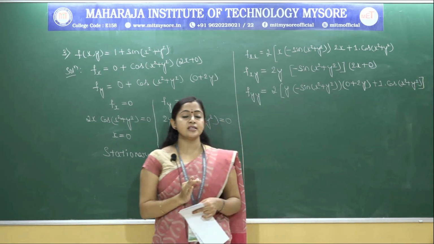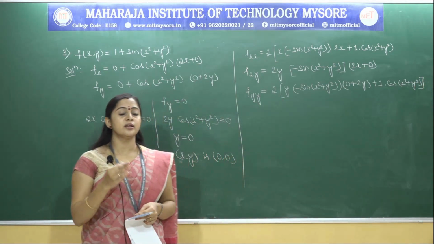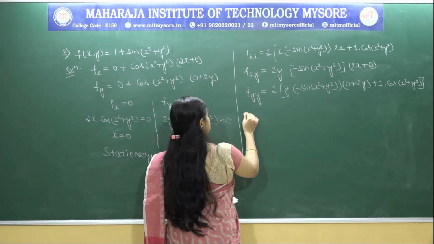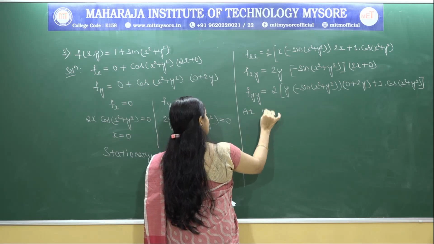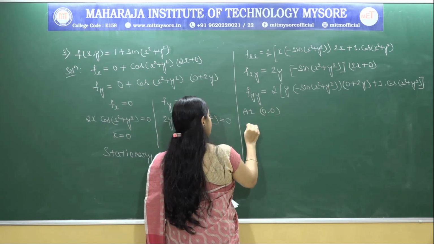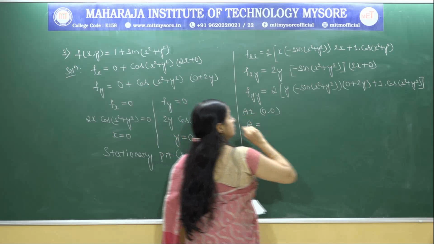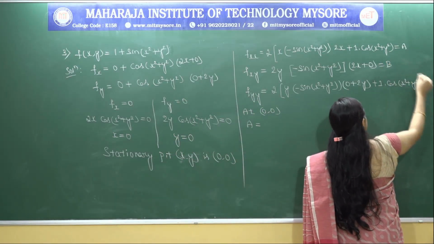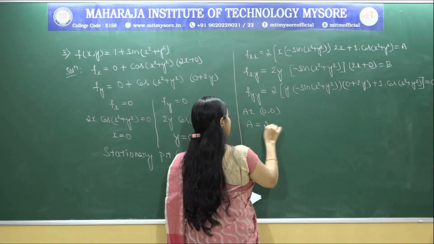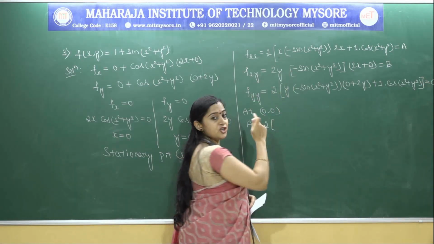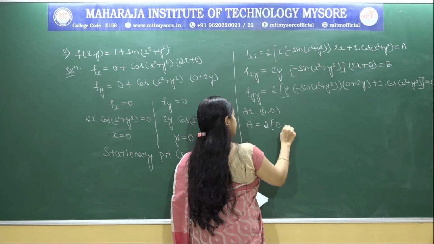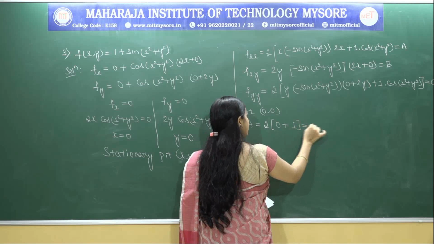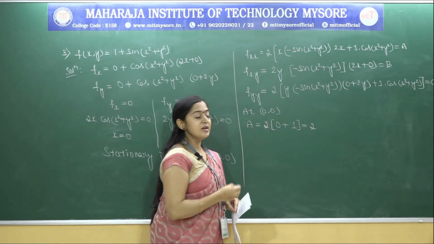Then you have to evaluate at the stationary point (0, 0), then compute AC minus B squared. I consider this as A, this as B, and this term as C. For A, the first term is a multiplication with x, so you will get 0. In the second term, cos 0 is 1, so the answer is 2.